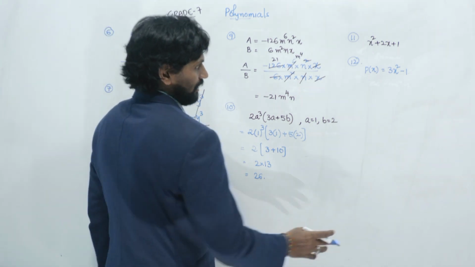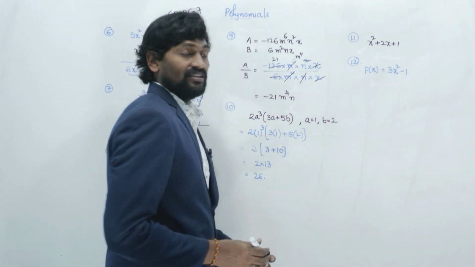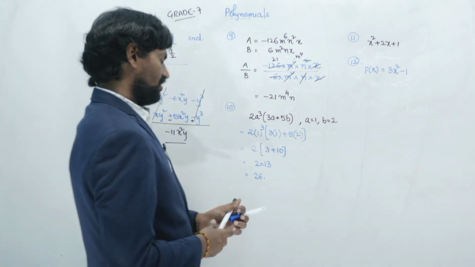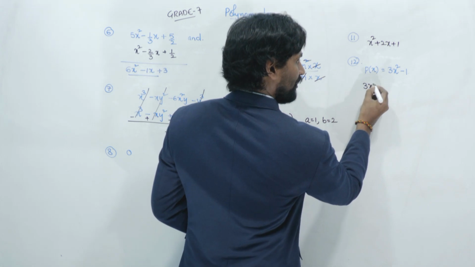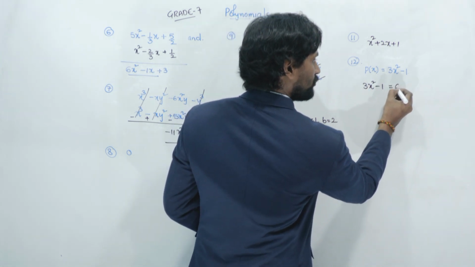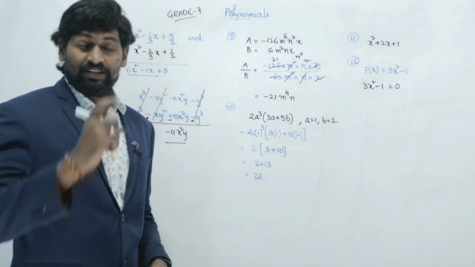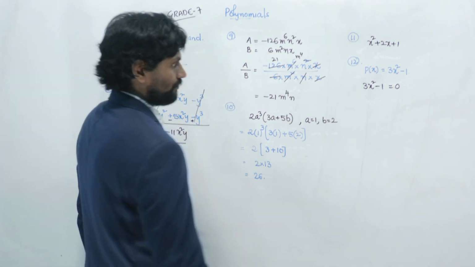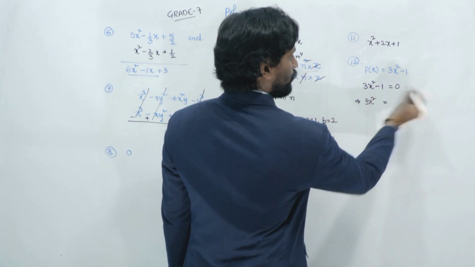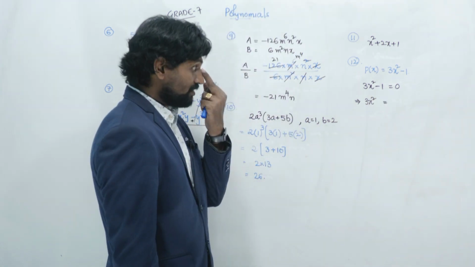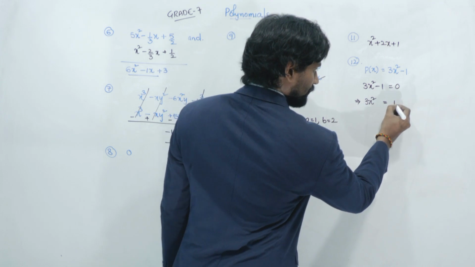So whenever a polynomial is given like this, to find the zeros we should write the given polynomial equal to 0. That implies 3x square minus 1 equals 0. Transposing that, it becomes plus 1, so 0 plus 1 is plus 1.